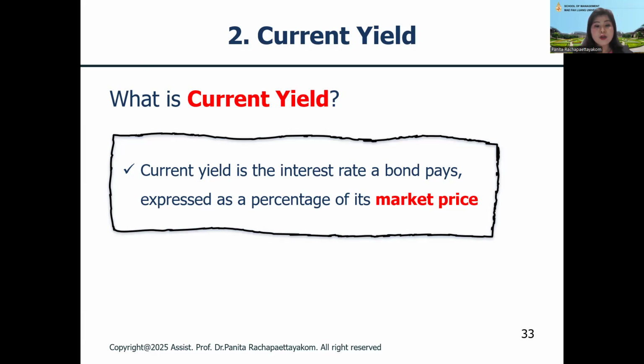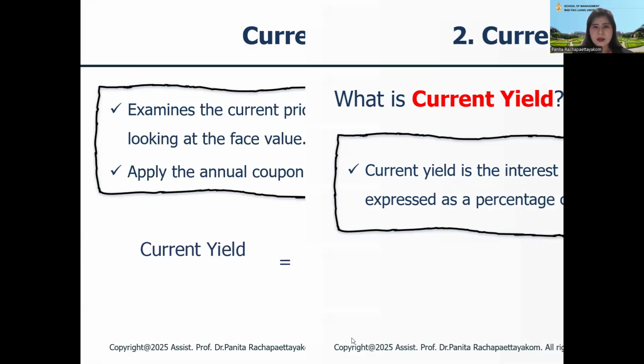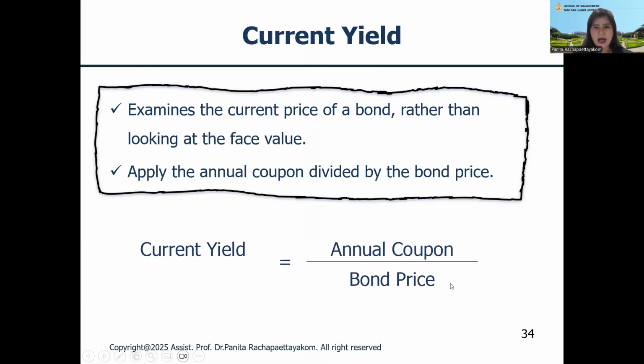To calculate it, you apply the annual coupon divided by the bond price. Please notice that for the current yield, you need to use the bond price, not the par.